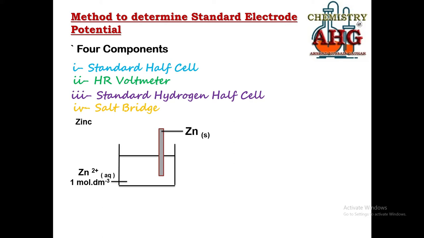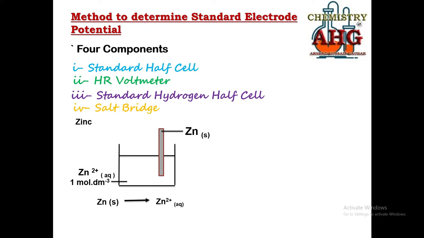What happens whenever any element comes in contact with ions? Two processes start simultaneously. Whenever an element comes in contact with its ions, two processes start simultaneously. One process is oxidation and the other is reduction. Like in this case, zinc metal will lose electrons. Loss of electrons will result in the formation of zinc ions and electrons.